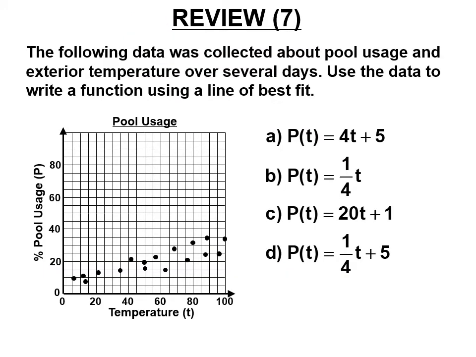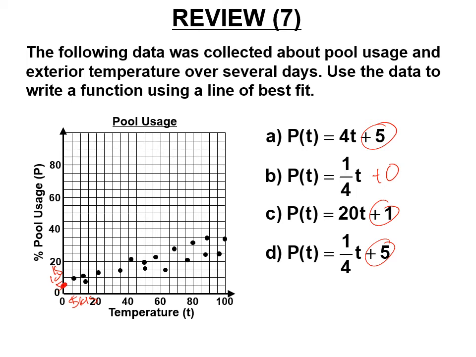All right, so this is a scatter plot, and so how I can deal with this on a test is, notice I have multiple choice. Right, so the question here, let's look at the y-intercepts. Well, this one's 5, this one's 0, this is 1, and this one's 5. So what do you think? Both graphs are going up by 5. Okay. So I think that 5 might be a good intercept.